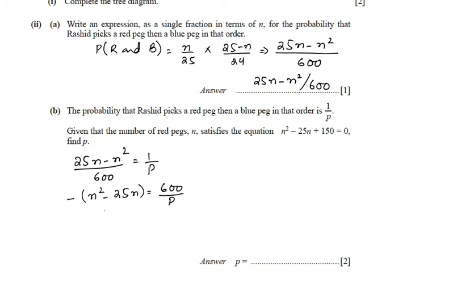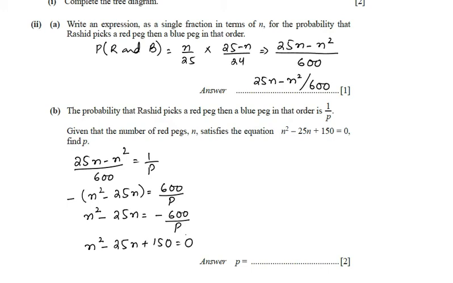Now if we shift this negative sign to the right hand side, n square minus 25n is equal to minus 600 upon p. Now one equation is already given in this part also, given that the number of red bags n satisfies the equation. Now if we take this equation, it's n square minus 25n plus 150 is equal to 0.